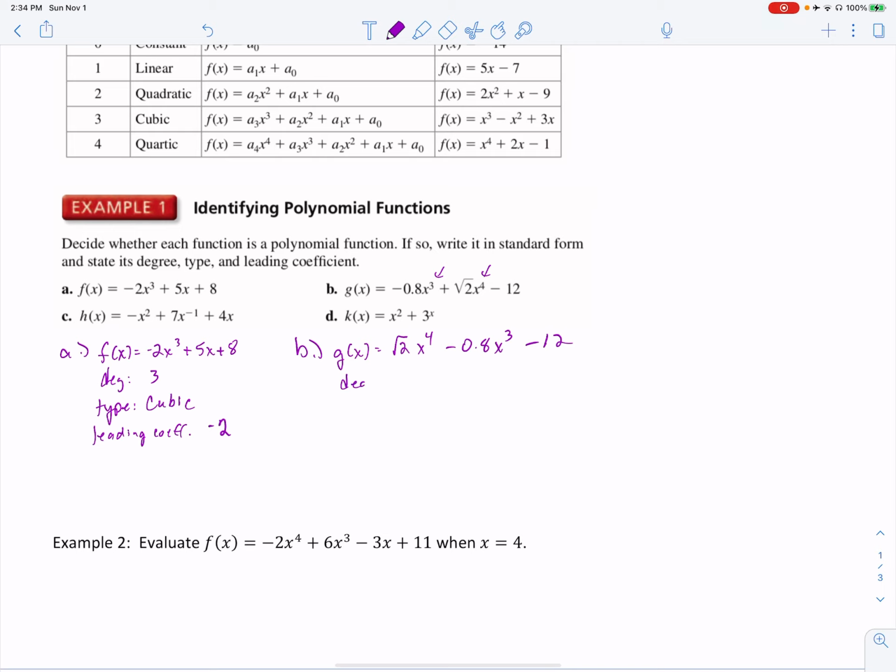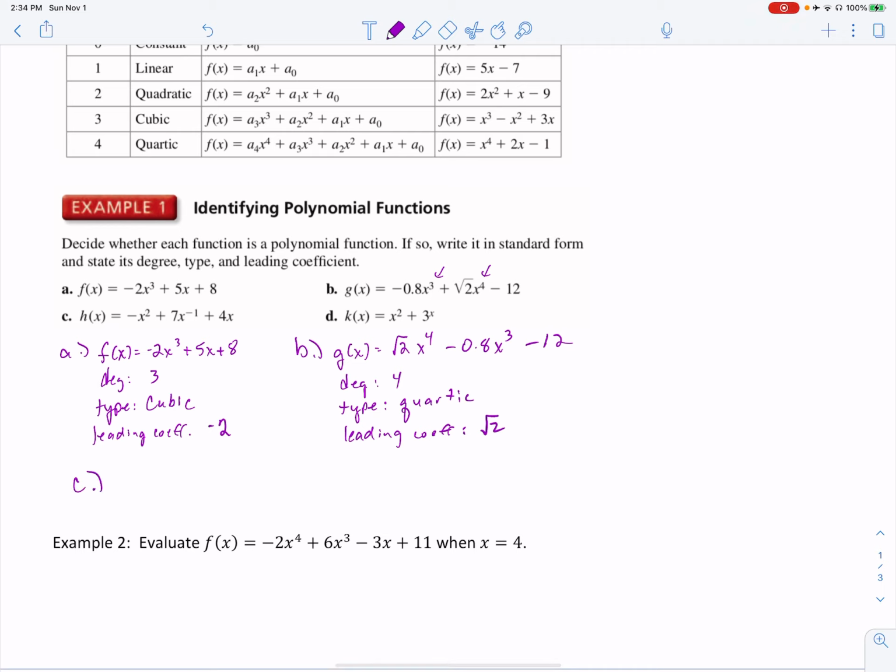And the degree of this is 4. The type is quartic, and then the leading coefficient is √2. So you have to be careful and watch and make sure that they're in descending order.